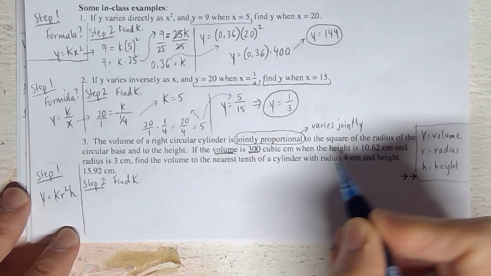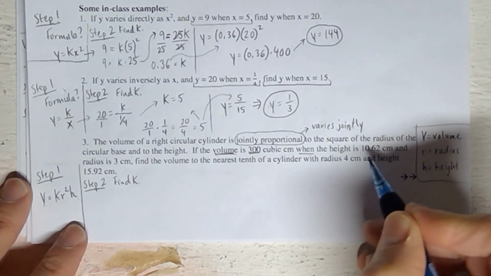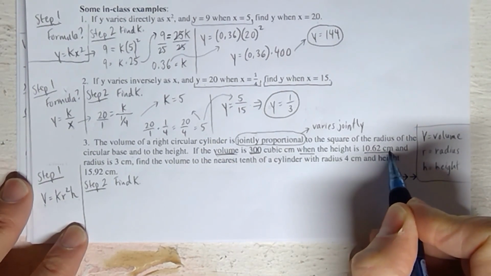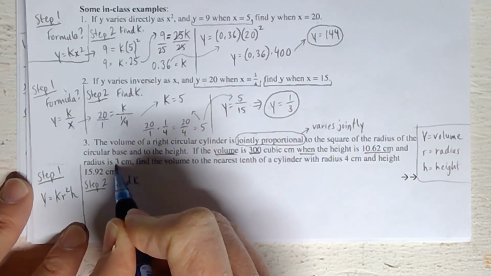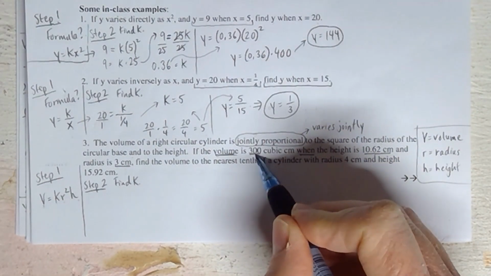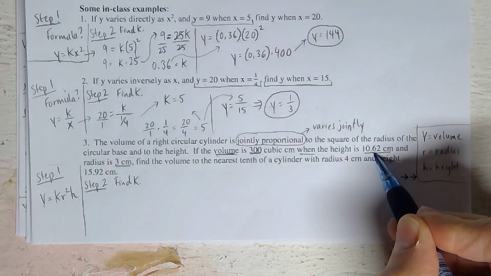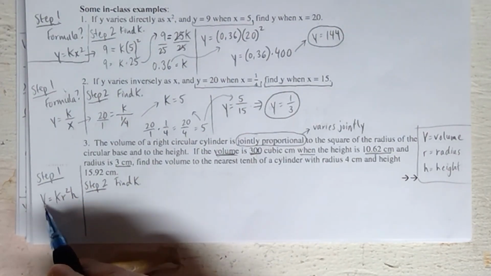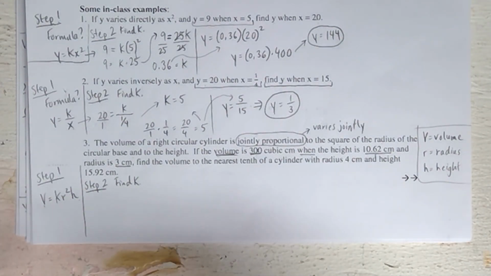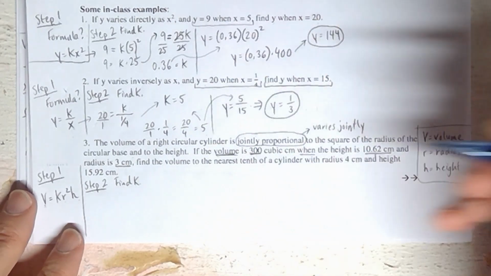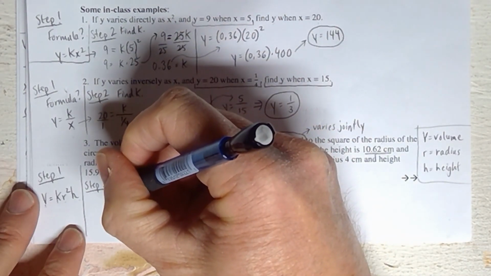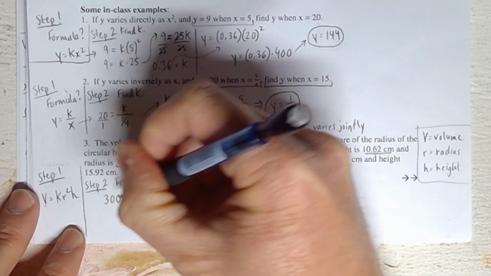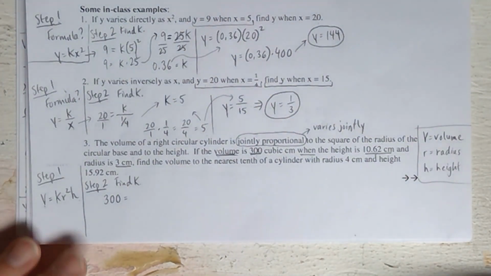V is 300 when, meaning at the same time again, when the height is 10.62 and the radius is 3. So they're telling you that 300, 10.62, and 3, all 3 of those numbers are all true at the same time. And so you could plug them all in at the same time, and then K would be the only letter left in your problem, and so you can then solve for it.